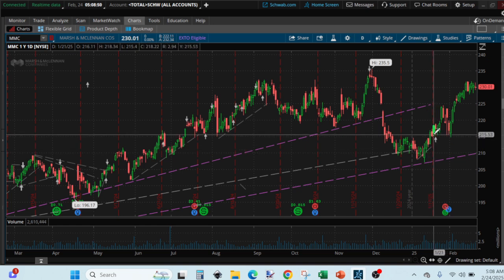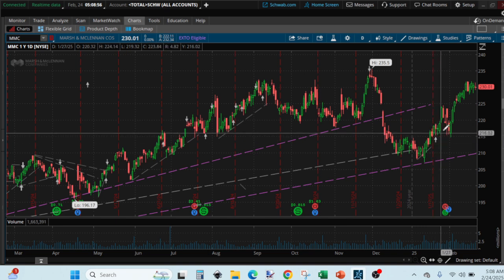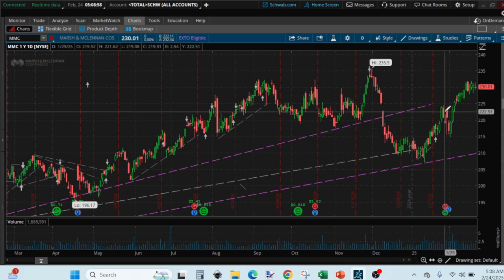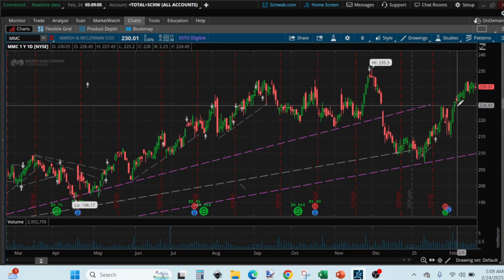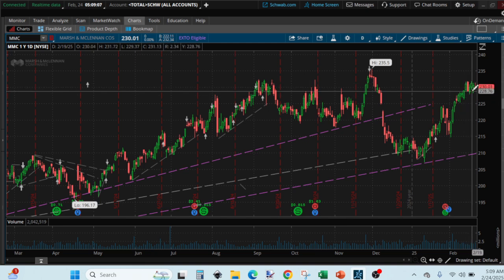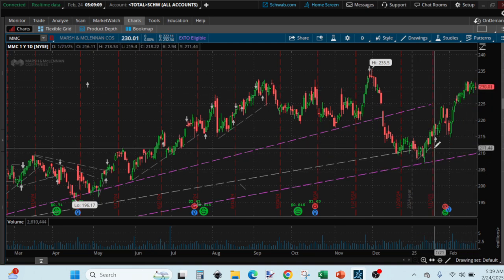And then we bought it at the first green bar that followed that pullback, and it started going up from there, pulled back to even lower than where we paid for it, and started going up, pulled back, went up, pulled back, went up, pulled back. So we bought it here.